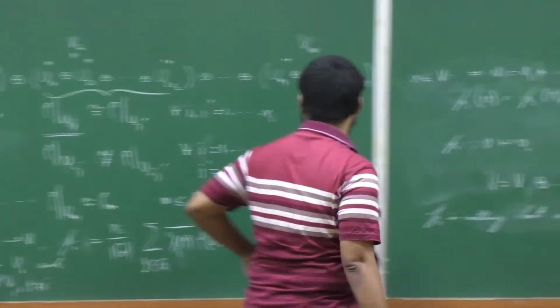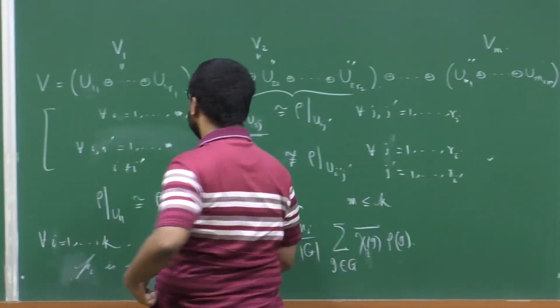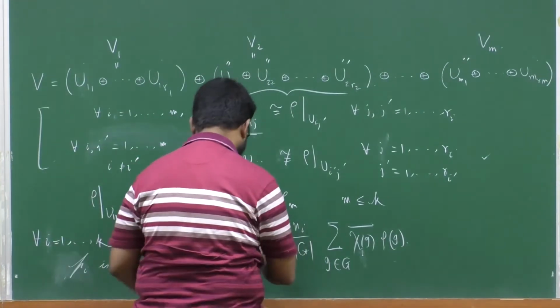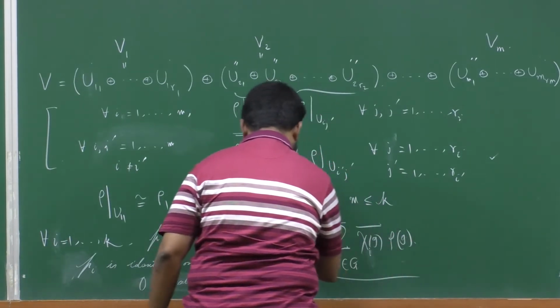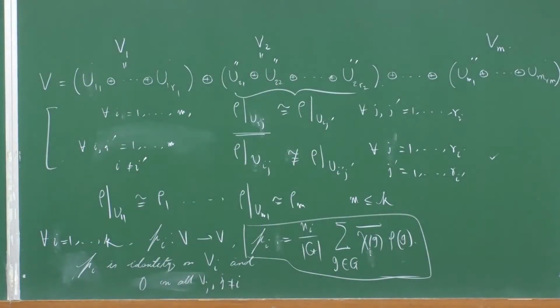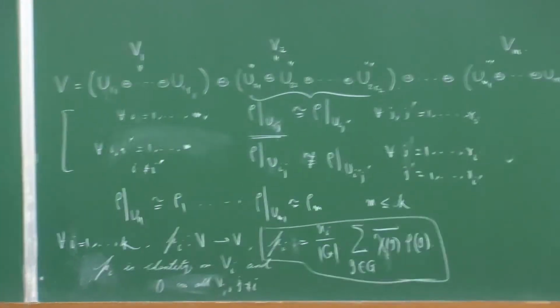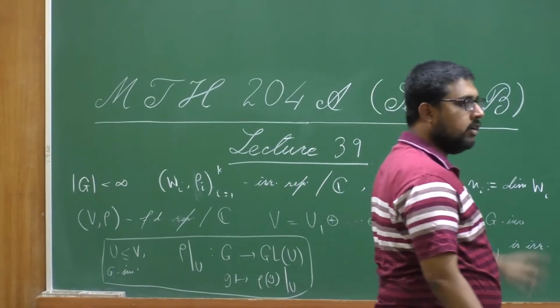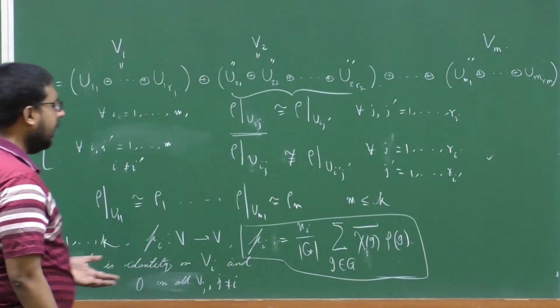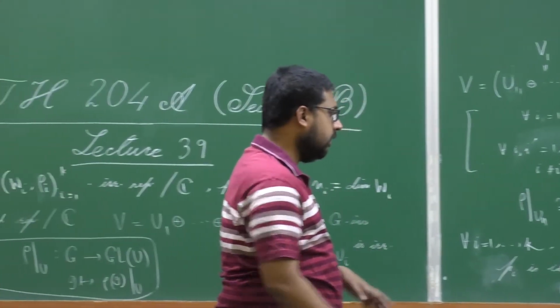So therefore let us come to the main point: observe that in the definition of Pi, what is there? Pi just involves the irreducible characters which are already chosen, which are already given, and the given representation.